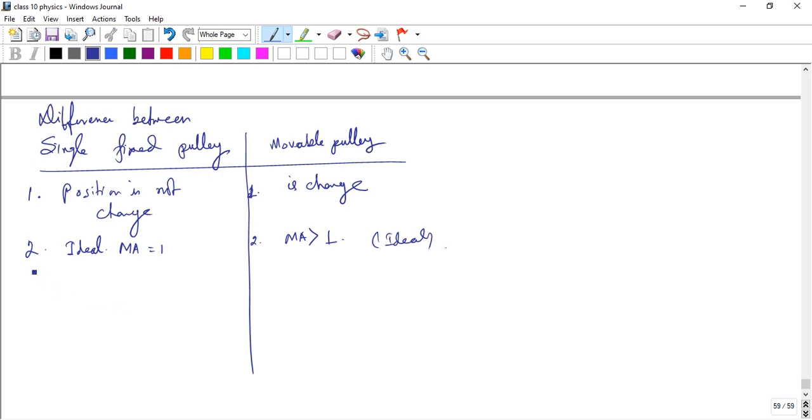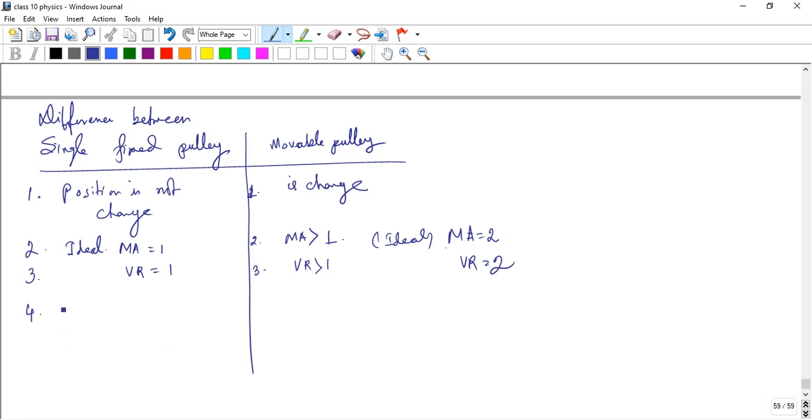The velocity ratio is also 1 for the fixed pulley, while for the movable pulley the velocity ratio is greater than 1, I think 2. So MA equals 2 and VR is also 2. That is point 3.